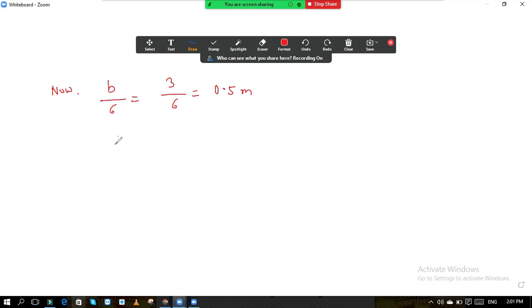So therefore E is equal to 0.313 meter, which is less than b by 6, which is equal to 0.5 meter. Hence it is okay or safe.